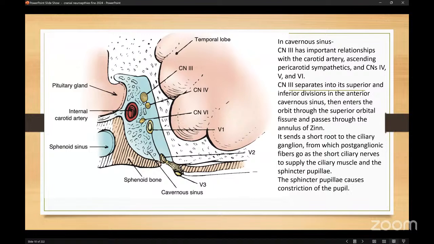The superior division has fibers only for the levator palpebrae superioris and superior rectus, whereas the inferior division supplies all other muscles along with the pupil. Okay.